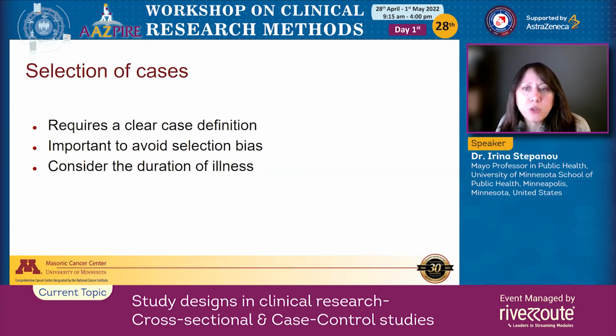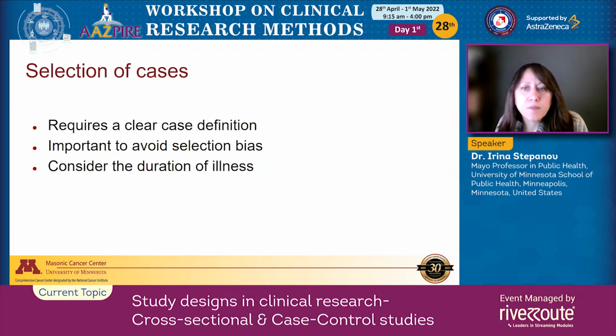Prevalence is influenced not only by the risk of developing disease, but also by factors that determine the duration of illness. So that, again, can be relevant to selection bias.